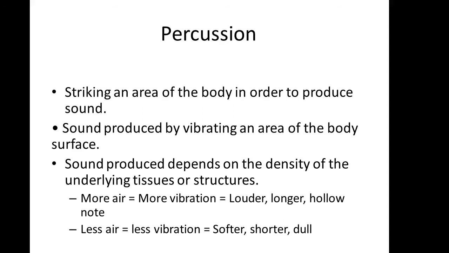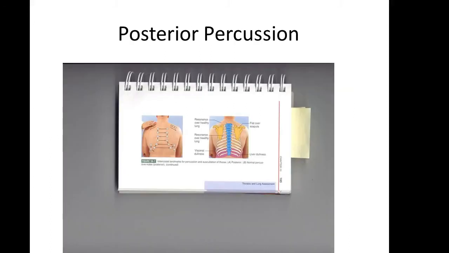More air equals more vibration, which equals a louder, longer note. Less air equals less vibration and a shorter, softer, and dull note. So you can see in this picture the positioning of the hand and how you tap on the finger and how you percuss posteriorly.